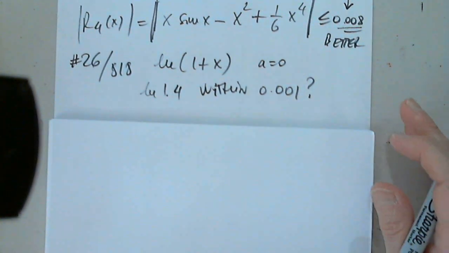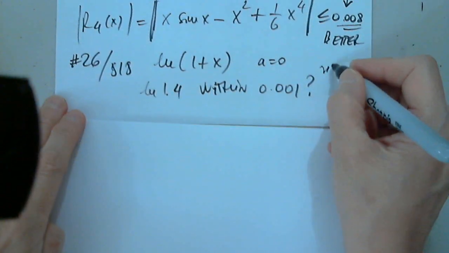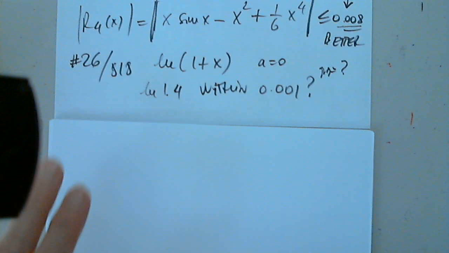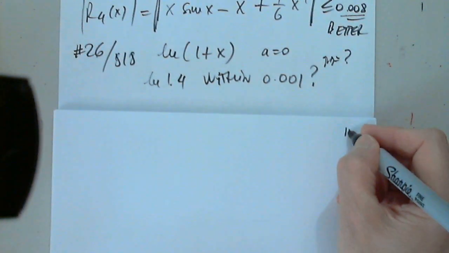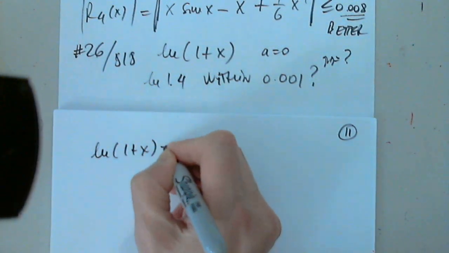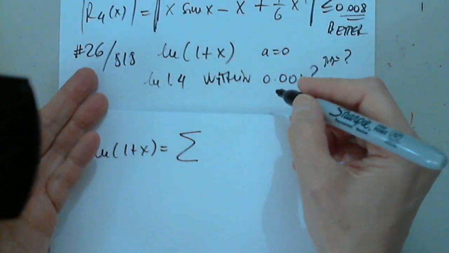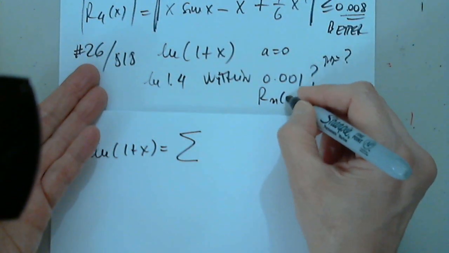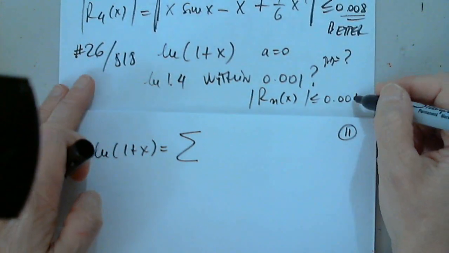So how many, again, how many terms? So basically, how much is n? Okay. So please remember from this chapter we learned that natural log of 1 plus x can be rewritten. So in order to write this, this is Rn of x, of course, less than or equal to 0.001.